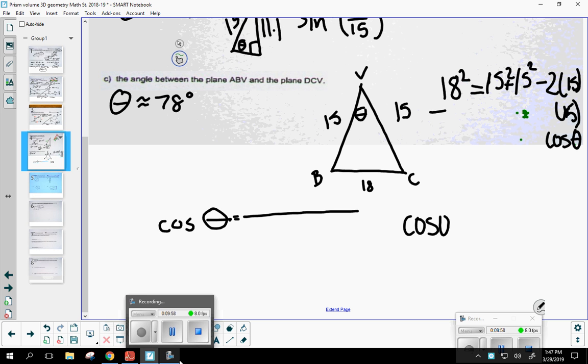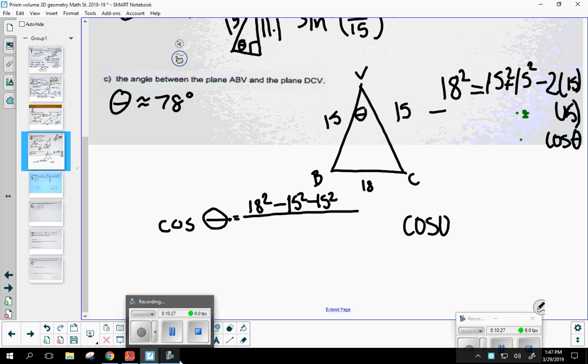Now, what terms would I subtract? I've already got the 18 squared over there, and all this is going to go in the numerator. We'll talk about the denominator in just a second. Oh no, we have to start with 18 squared because that's what's on the other side. So 18 squared, and now I'm going to subtract what two terms? 15 squared, 15 squared. So we're going to subtract both of those.